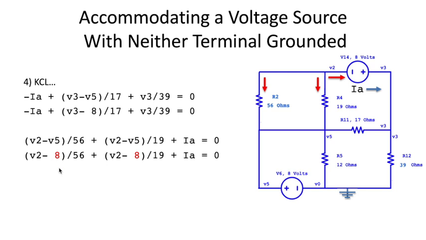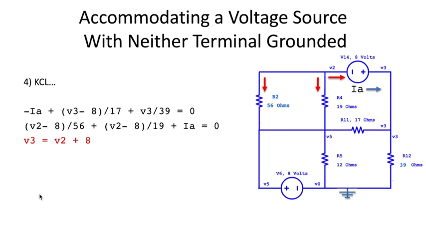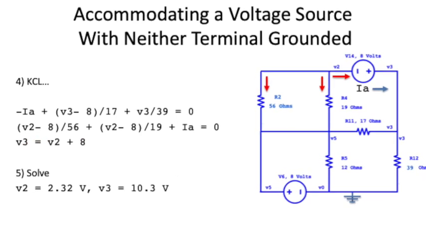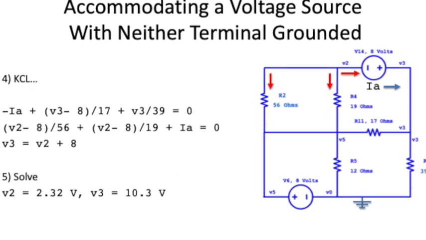So we could substitute in for V5 with the numeric value associated with this lower source here. Okay, and then we add in our other equation associated with the difference in node voltages related to this upper source, and that gives us 3 equations with 3 unknowns. Solving those, you get these values for V2 and V3.